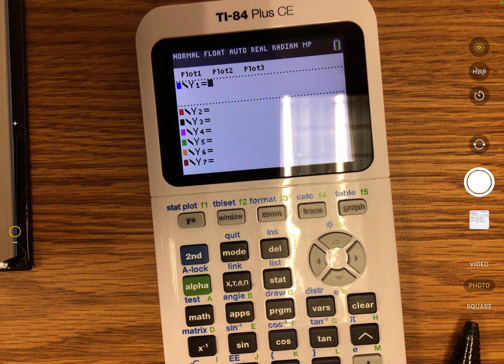So A is approximately, now we're not going to approximate it yet. That's why we have it stored in our calculator right now, but we need to plug them in for the base and the height so we get our dimensions.